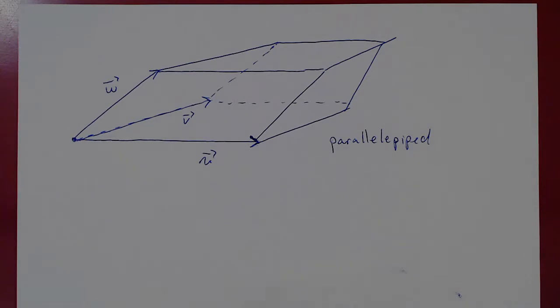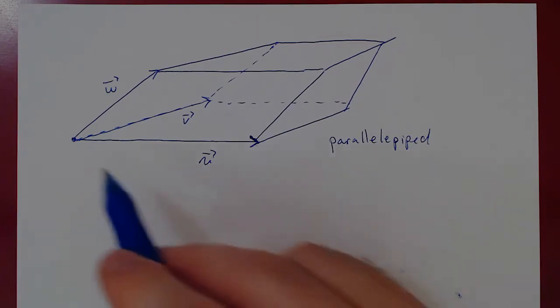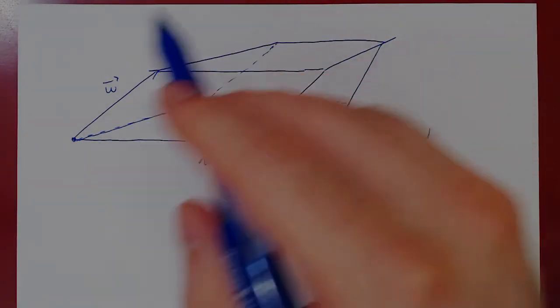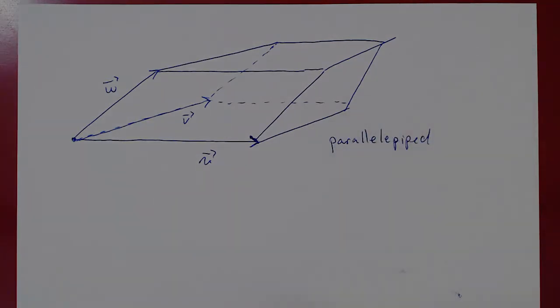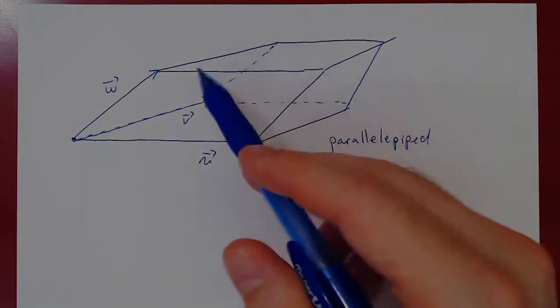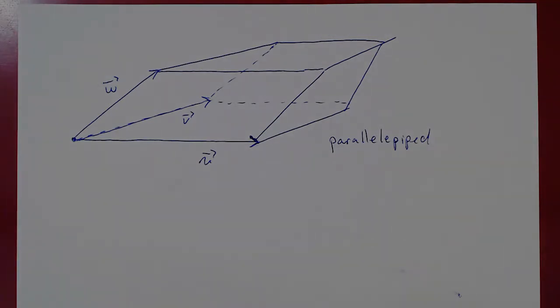So again, this is very natural. Two vectors in R3 or R2 span a parallelogram. Three vectors not lying on the same plane will span the three-dimensional equivalent of a parallelogram called a parallelepiped. Opposite faces are equal parallelograms.